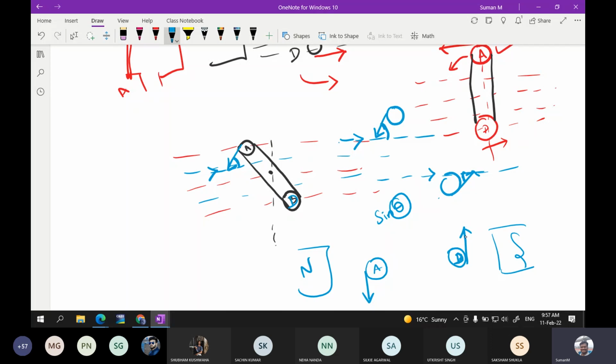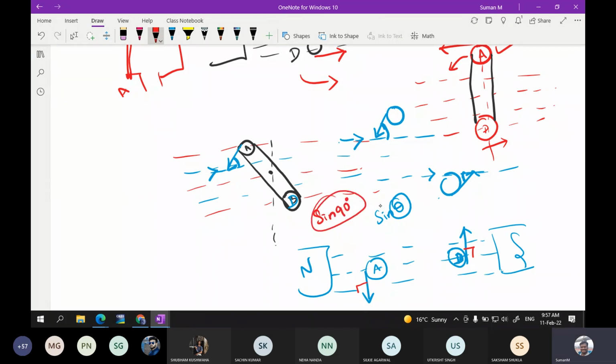So the direction of rotation of the conductor is going to be like this. Then your flux lines are like this. Now the angle between the flux and the velocity of the conductor is 90 degrees. You can see here that it is 90 degrees. Because of that, you will be getting sine 90.